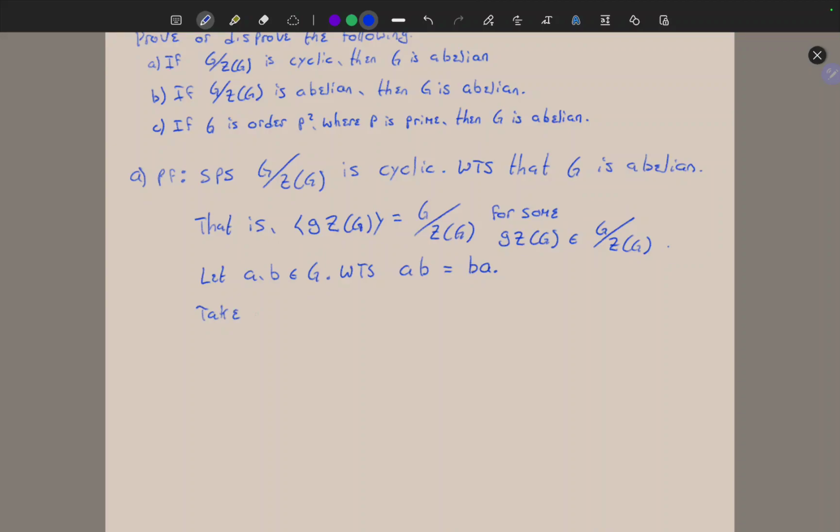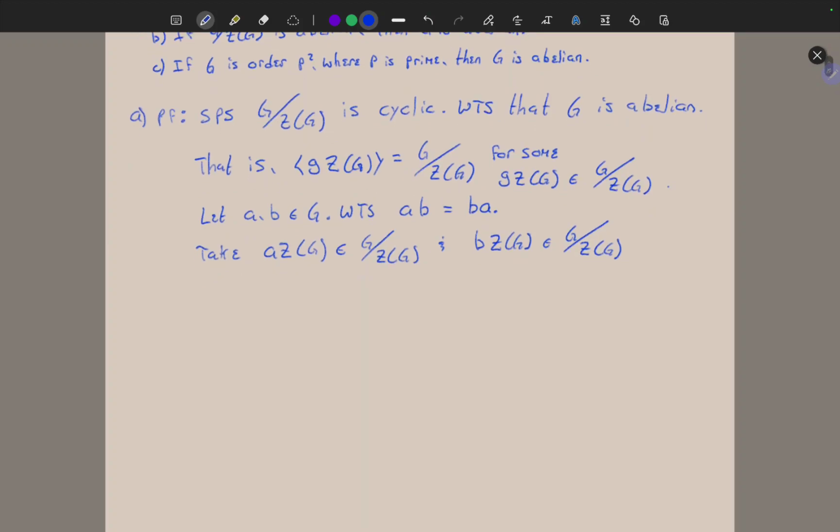Remember, elements in this quotient group are just cosets. So let's take this element here, and let's take this element here. Both of these elements are in this quotient group.